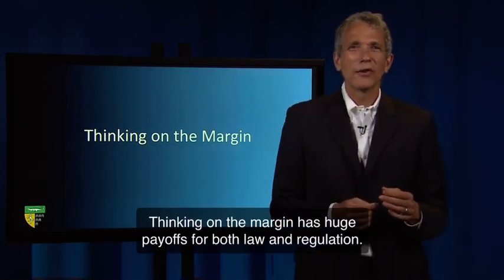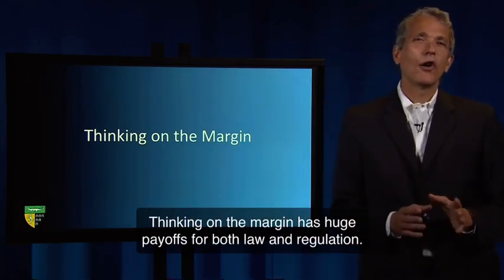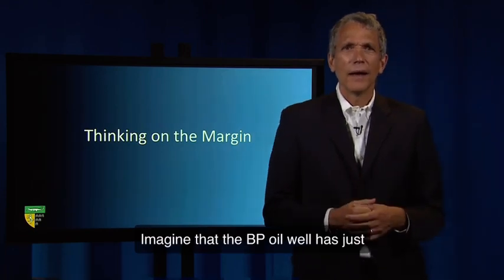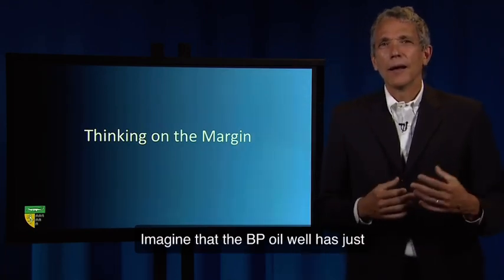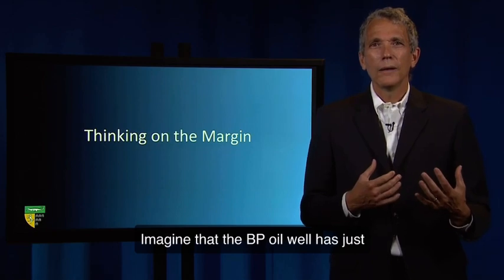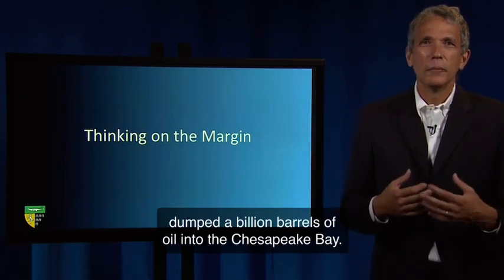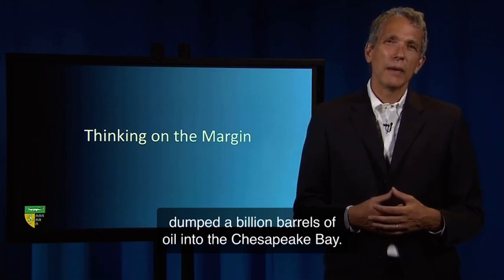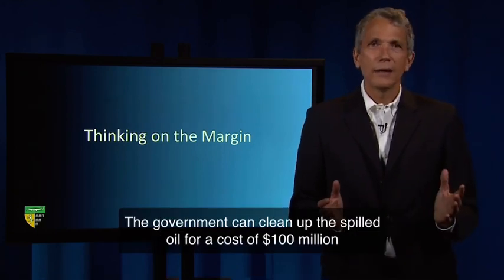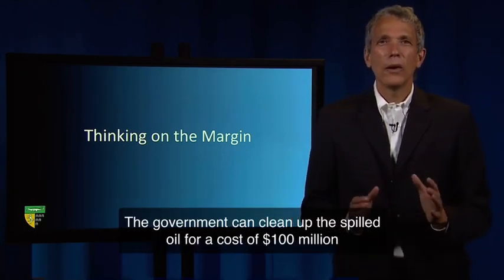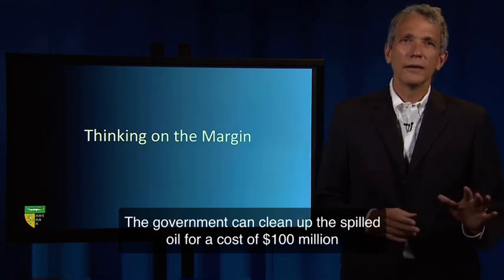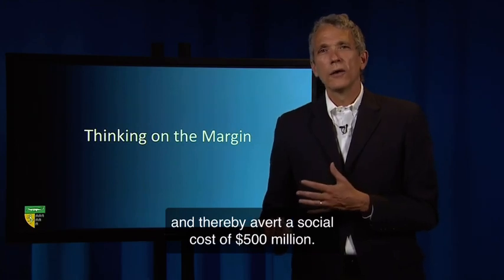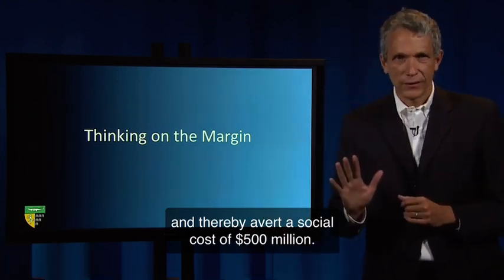Thinking on the margin has huge payoffs for both law and regulation. Imagine that the BP oil well has just dumped 1 billion barrels of oil into the Chesapeake Bay. The government can clean up the spilled oil for a cost of $100 million and thereby avert a social cost of $500 million.